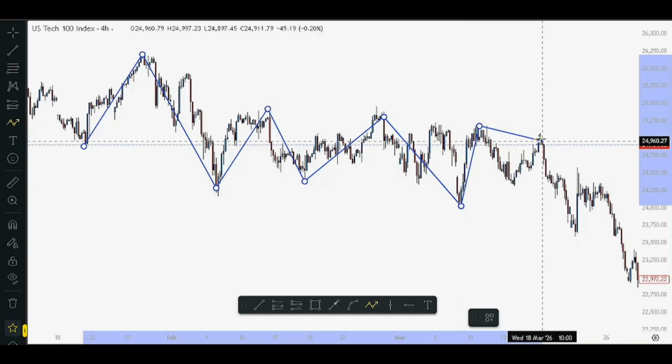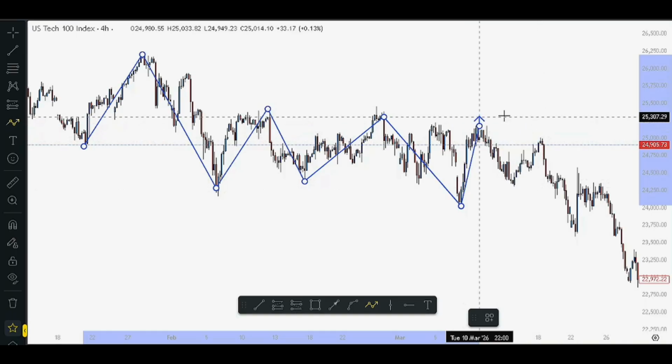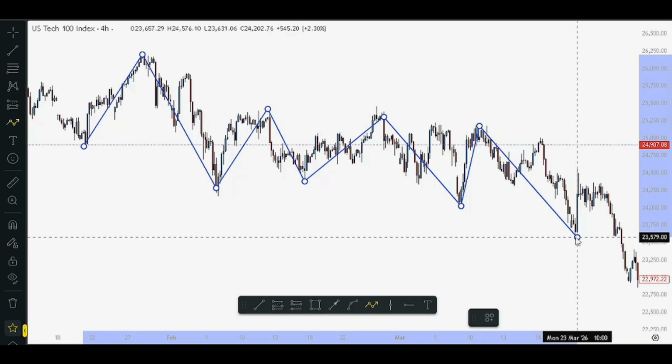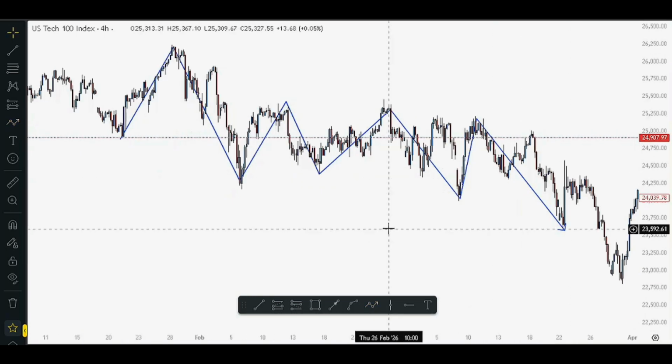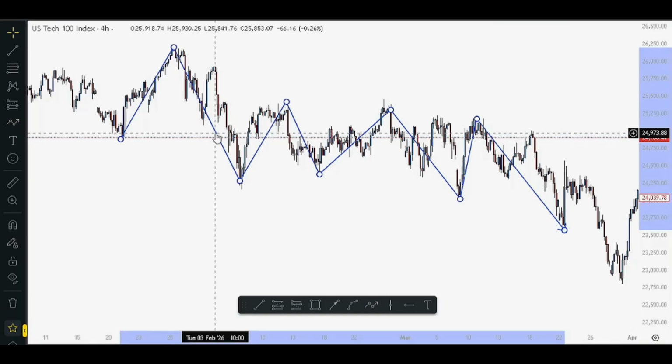Plus, I'm also going to consider this as a high because it didn't close above here, so this would have been our low on my side. So what is the market currently doing right now? The market is currently in a downtrend.